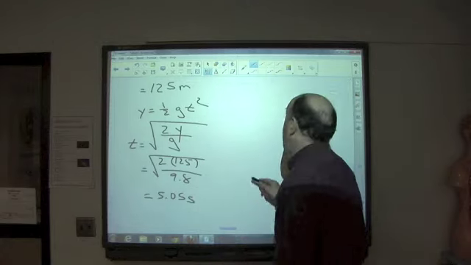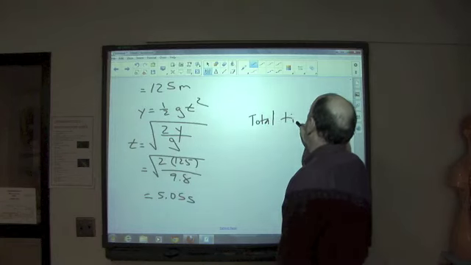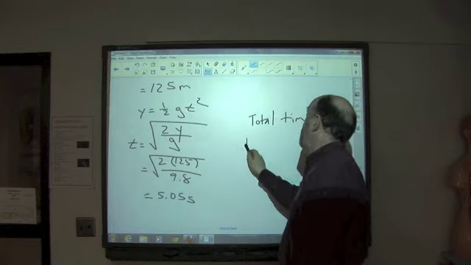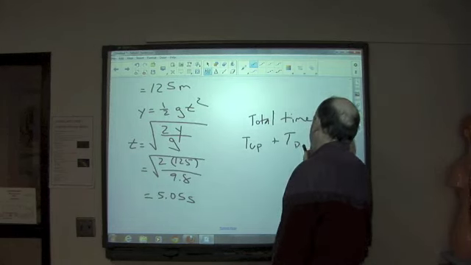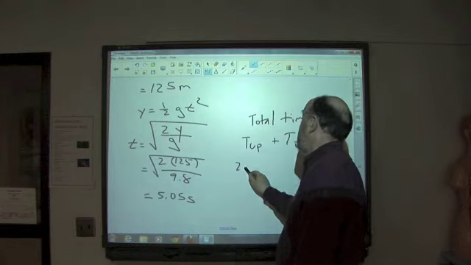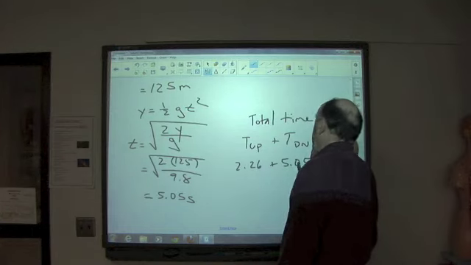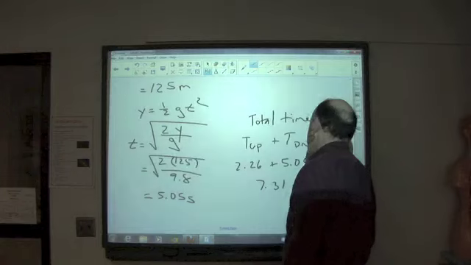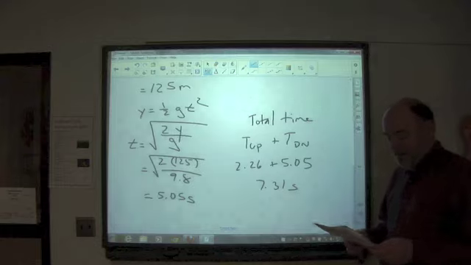That would mean the total time for my projectile to be in the air is the time up plus the time down. So 2.26 plus 5.05, and we get 7.31 seconds as the total time that my projectile is in the air.